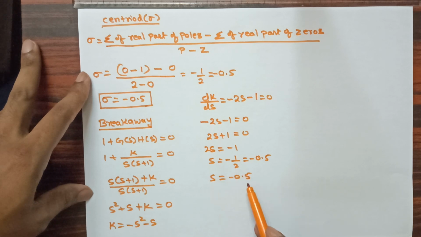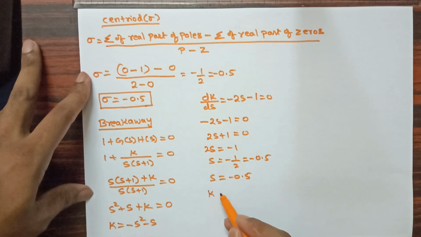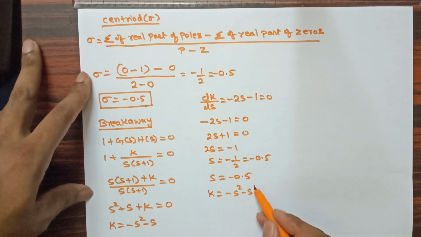Now I need to check whether it is a valid breakaway point or not. For that I am going to consider this k equation, in which k is equivalent to minus s square minus s. I am going to substitute the s value I got to know whether it is a valid or invalid breakaway point. When I substitute this value, if I get a positive value, then it is a valid breakaway point. If I get a negative value, then it is an invalid breakaway point.